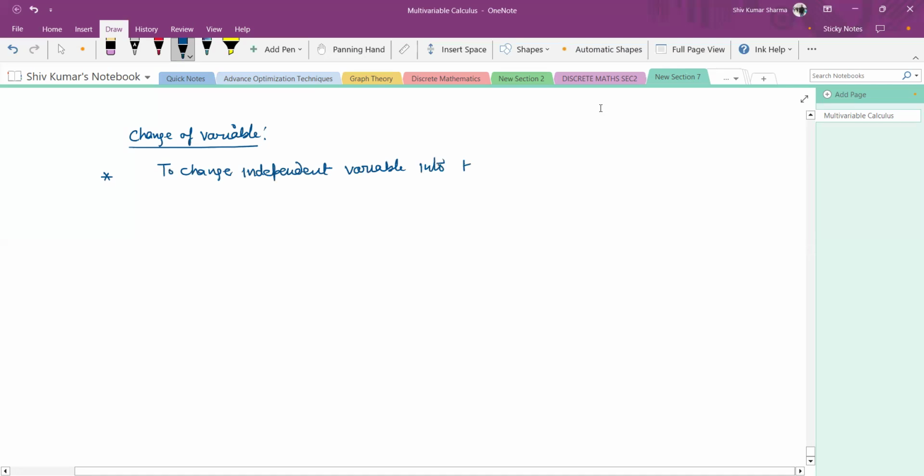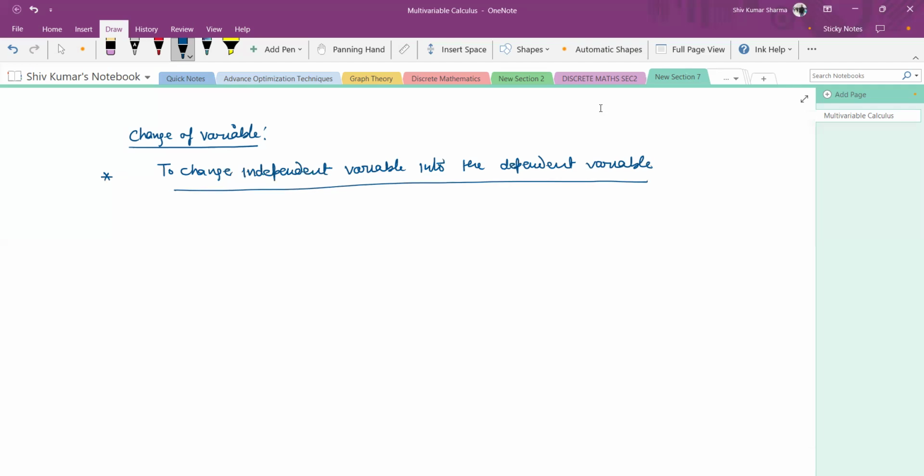Into the dependent variable. So here we change the independent variable to dependent variable. So suppose y is equal to a function of x.